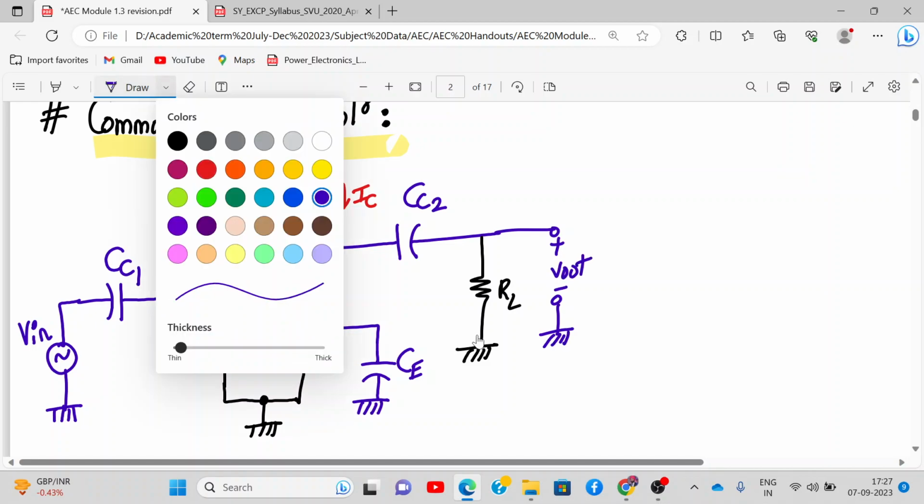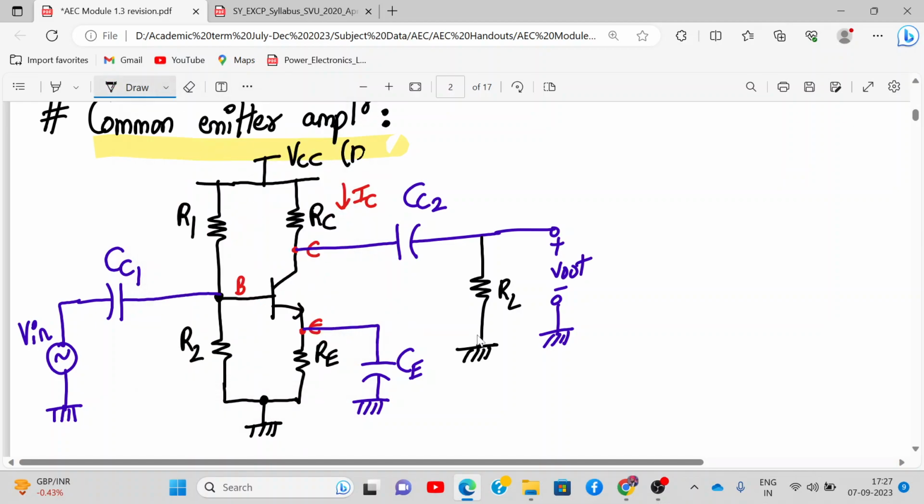So which are the AC quantities over here? Let me mark. This is DC, VCC is DC, this is AC, and this should be AC. Remember, a capacitor will block DC voltage and allow AC to pass through. So how do you identify whether this configuration is common emitter?